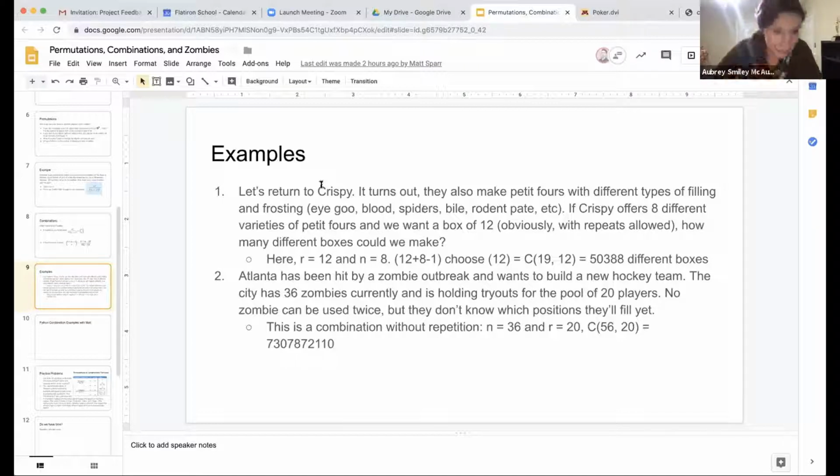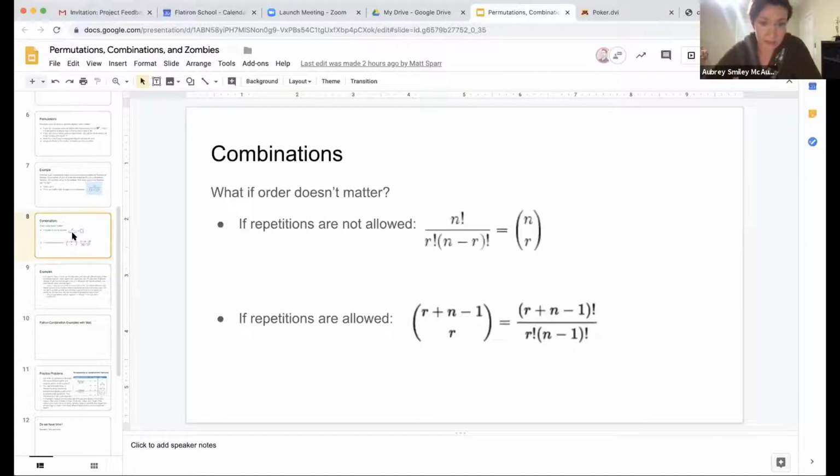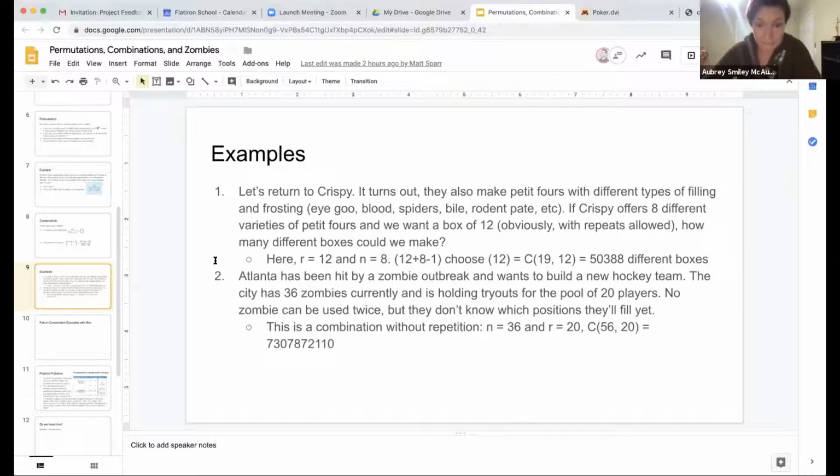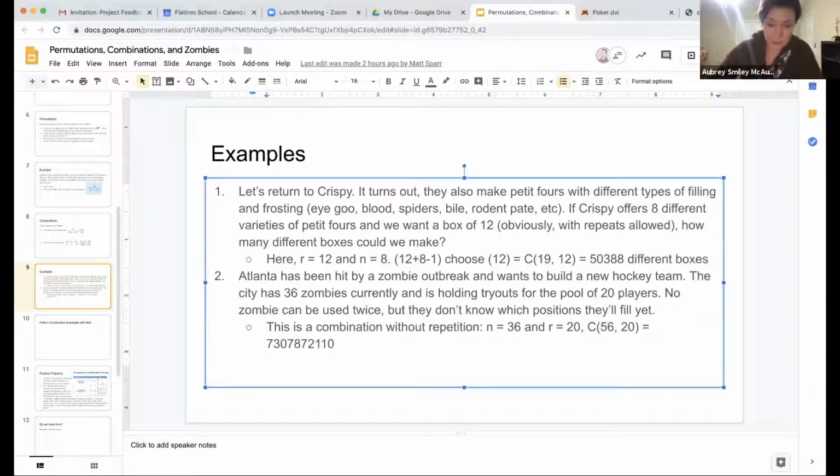So using the formula for when repetitions are allowed, because you can reuse the same petit four multiple times, we're going to use this top one. So 50,388 different boxes. All right, this should be 36, not 56.